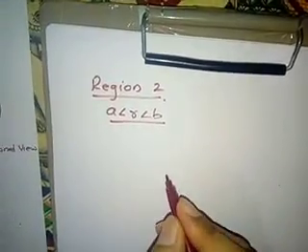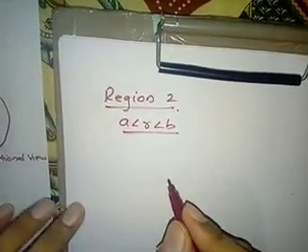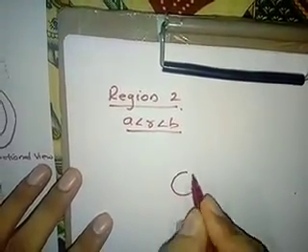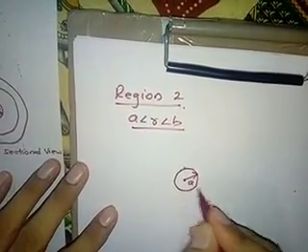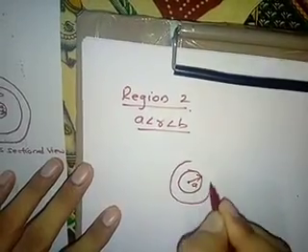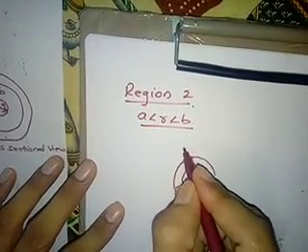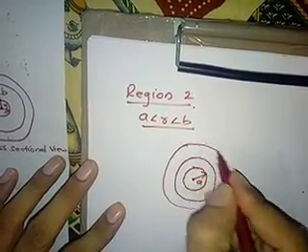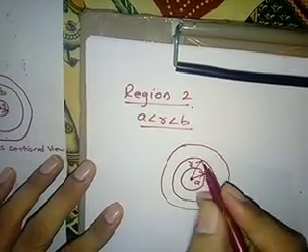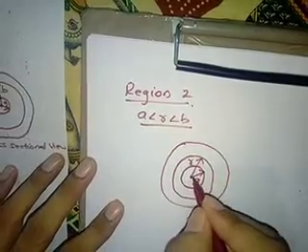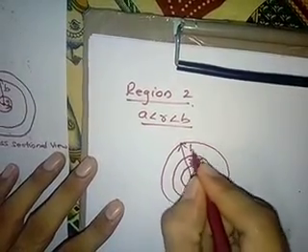I can draw the figure like this. This is our a. This is less than r. Then r is less than b. This is our r, and this is our b.